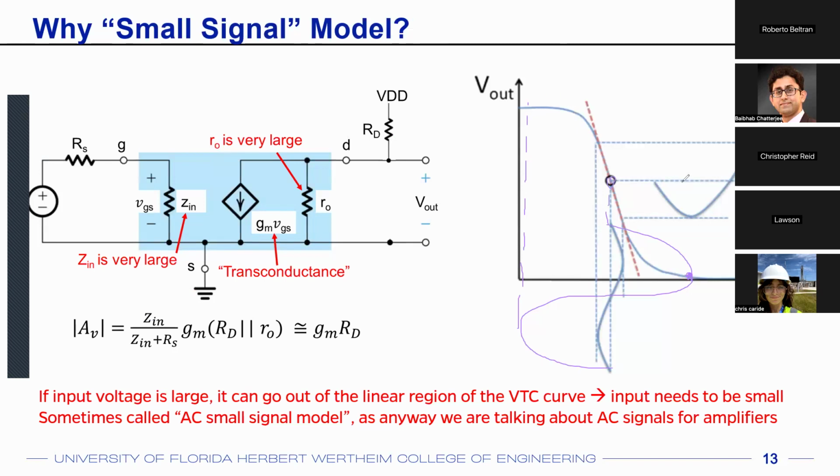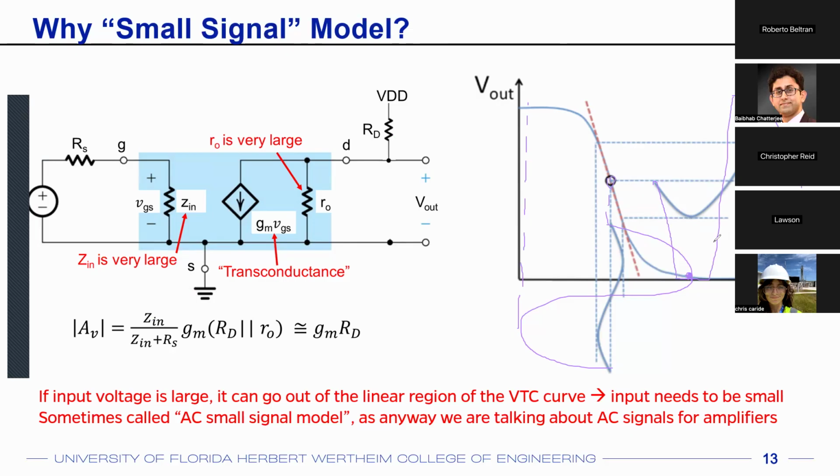So at the output, what you might see is something like this: you go here and then you see a clipping, and then again here you see some amount of clipping. So in that case, your input and output do not look similar. Input looks like a sine wave, output looks like a clipped version of a sine wave.